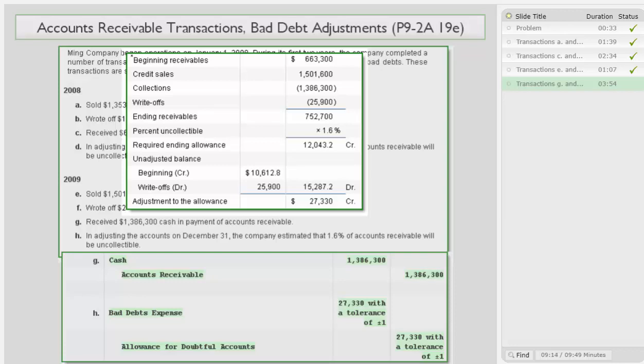We actually have a debit balance prior to making the 1.6% uncollectible entry of $15,287. So how do we get from a $15,287 debit balance to a $12,043 credit balance? Well, we have to have a credit equal to $27,330. And after we make that entry, we will wind up with the required ending balance of $12,043 for the end of the year 2009.